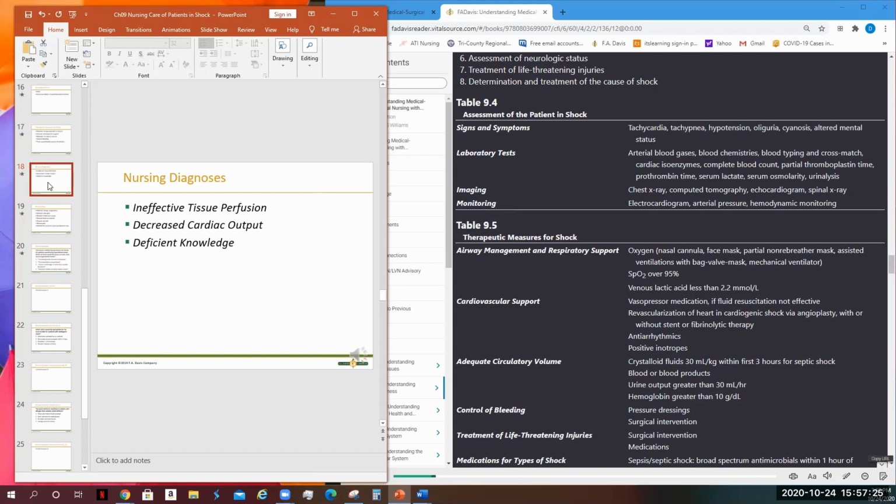The laboratory tests will include arterial blood gases, blood chemistries, blood typing and cross-match, cardiac isoenzymes, complete blood count, partial thromboplastin time, prothrombin time, serum lactate, serum osmolarity, urinalysis.